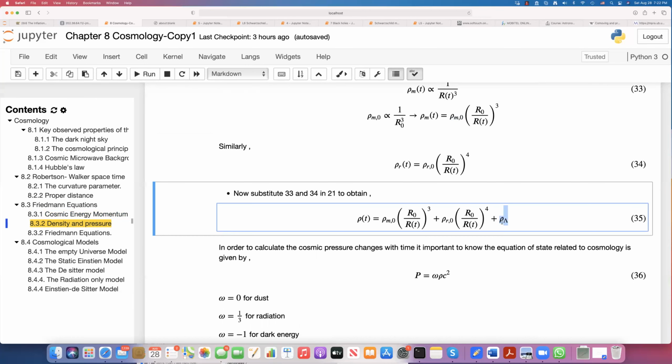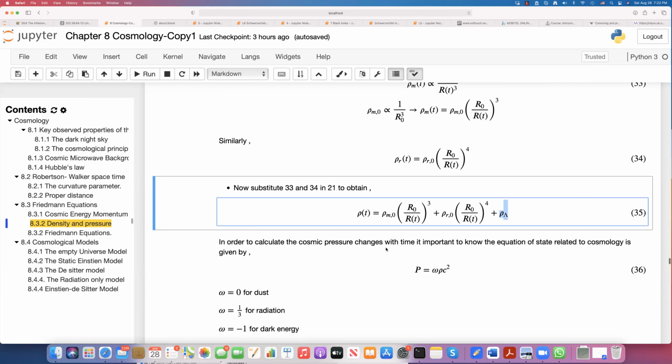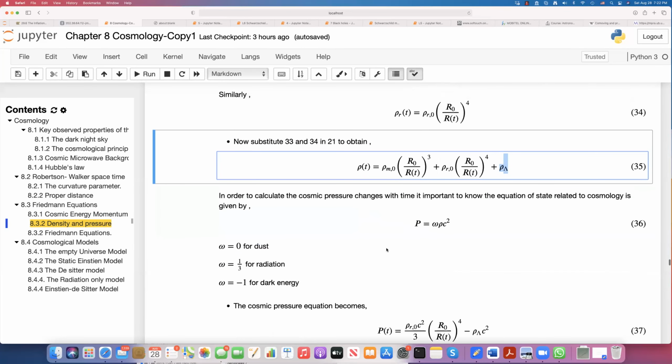Now this is for the density. Now if you look at the pressure equation about the cosmic pressure changes, we can actually do a simplification based on this equation of state. Now this one you probably have not heard of. This is the equation of state related to cosmology, and it basically relates pressure and density with this omega parameter, and this parameter can take three values.